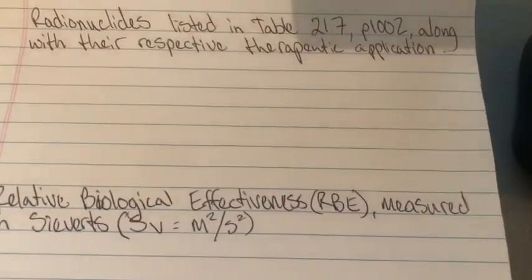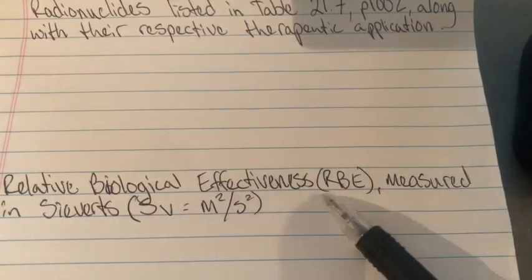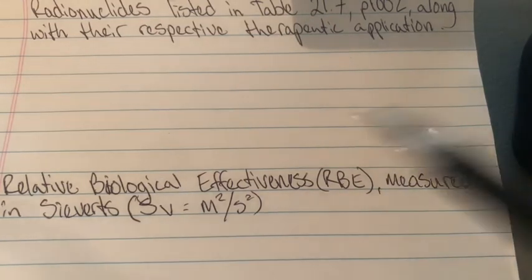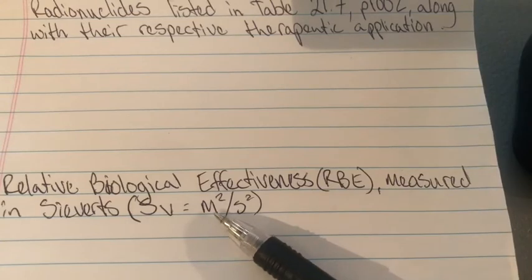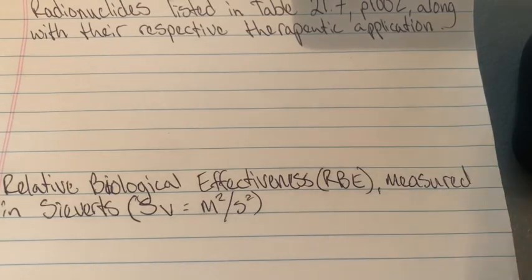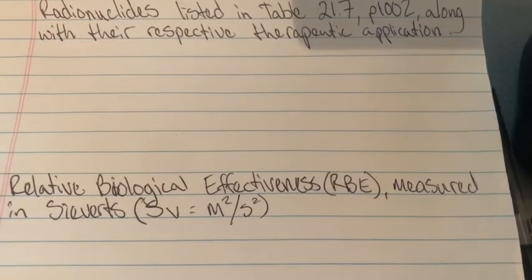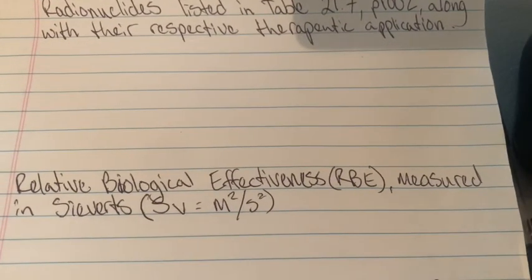Okay. Now, relative biological effectiveness, or RBE, is simply a measurement in sieverts. I always mess that up. So that's going to be in meters squared per second squared. Notice how the kilograms is gone. So this is really more of a measurement, the same way you would think of a therapeutic index. In other words, it's a weighing of how much benefit against how much detriment that particular therapy imposes, right?